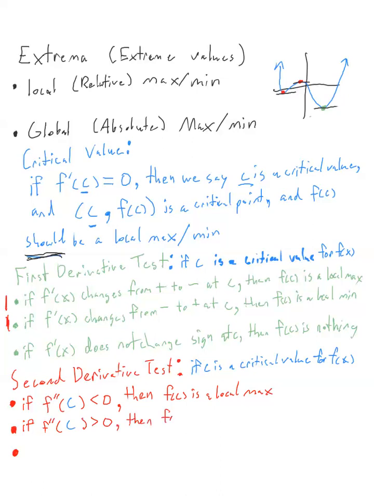Then f of c is, in that case, a local minimum. And then in the third case, actually for this second derivative test, we don't really emphasize the third case when it equals 0. And that ends up being a totally separate kind of definition that we end up bringing up on our own.